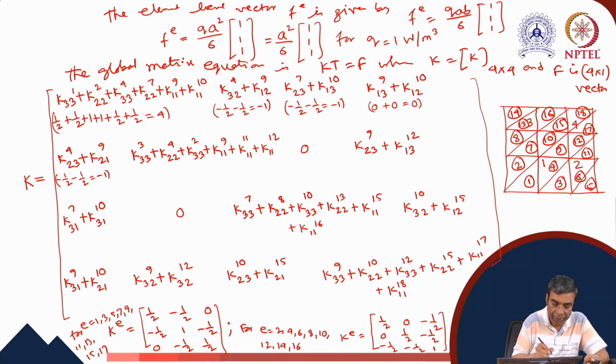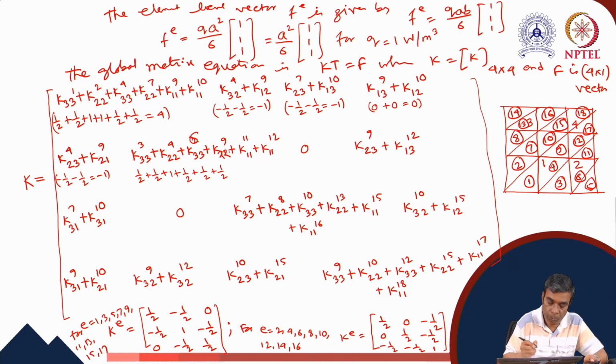K333. K333 is half. K224. This is also half. K332. This is 1. K119. This is half. K1111. This is also half. And then K1112. This is half. So this is K229 plus K1111 plus K1112.